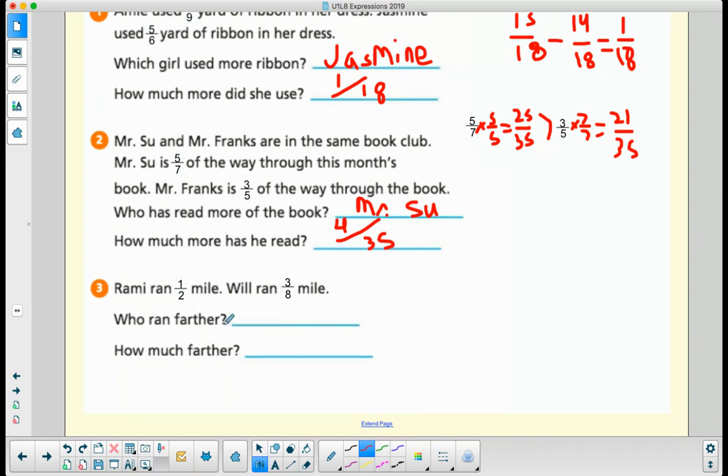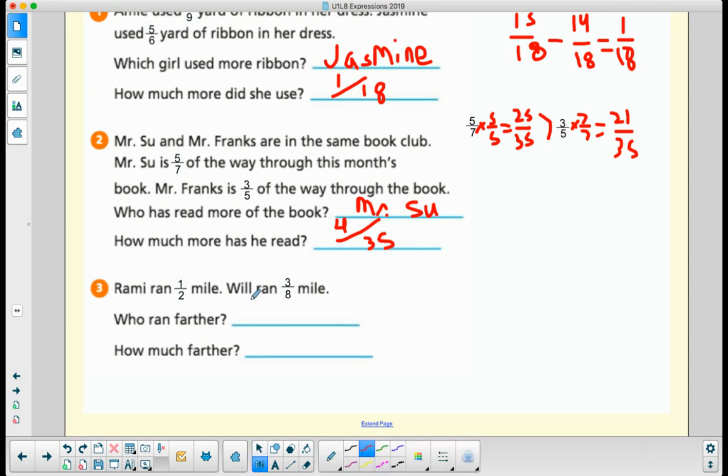Last one I'm going to do for you, or with you. Rami ran half a mile. Will ran 3/8 of a mile. Who ran farther? Well, half a mile is equal to a half. 3/8 is less than half because half of 8 is 4. So 4/8 would be half. 3/8 is less than half.